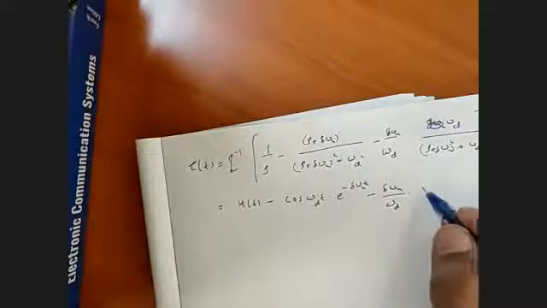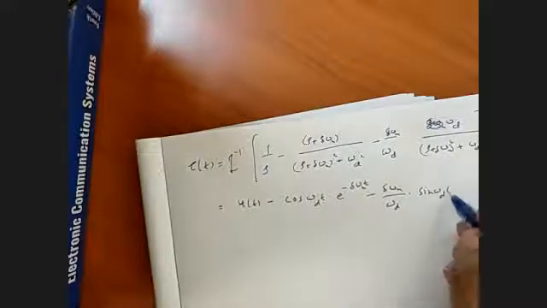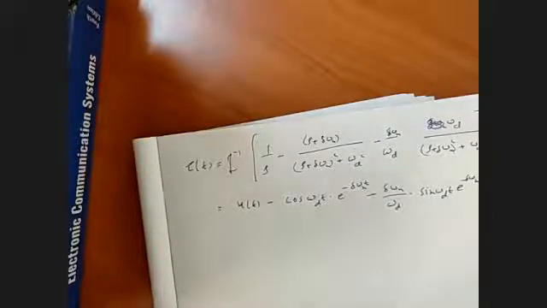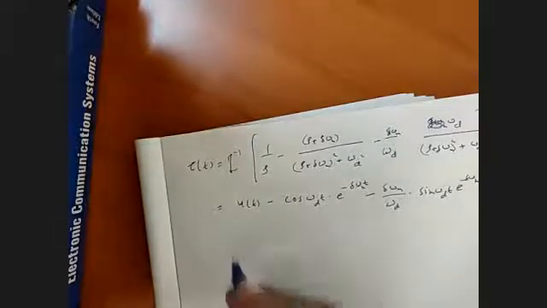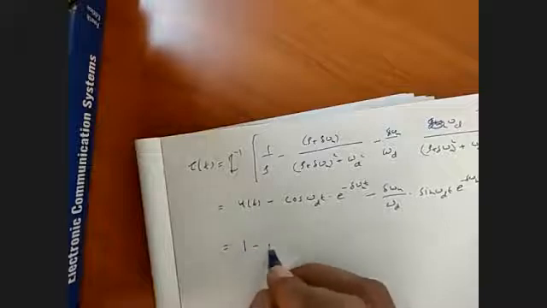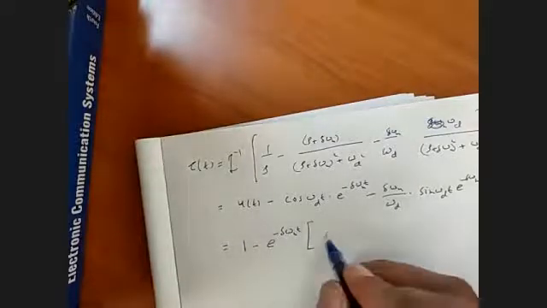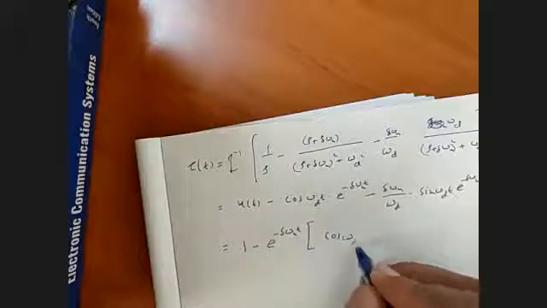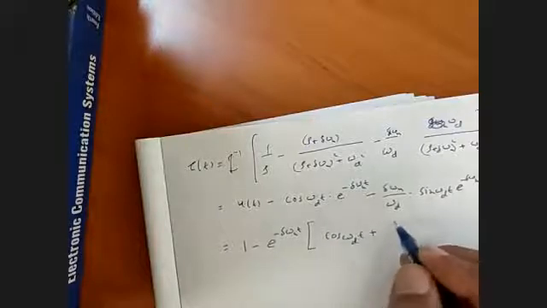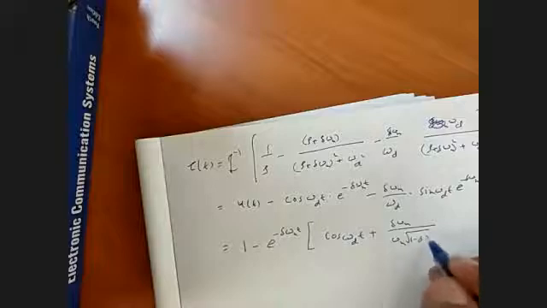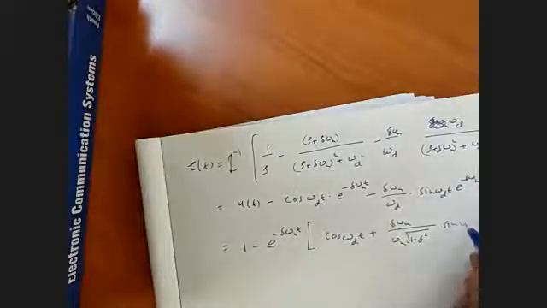So that will become sin omega d t into e raised to power minus delta omega n t. So that means 1 minus e raised to power minus delta omega n t, cos omega d t plus delta omega n upon omega n under root 1 minus del square, sin omega d t.